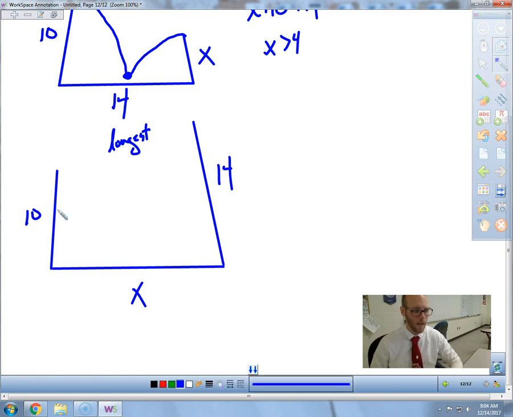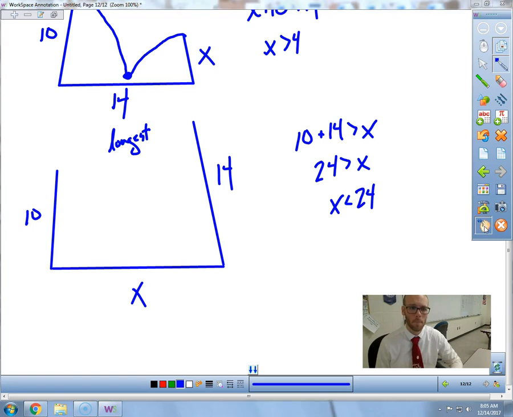What has to be true here? The 10 plus the 14 has to be greater than the x, doesn't it? So in other words, 24 has to be greater than x. X has to be less than, I usually don't like to write it that way, x has to be less than 24. If this was 25, would the 10 and 14 reach?